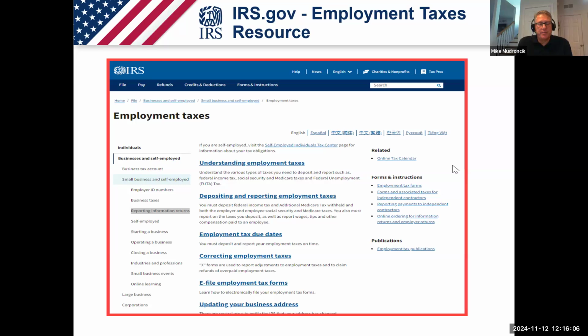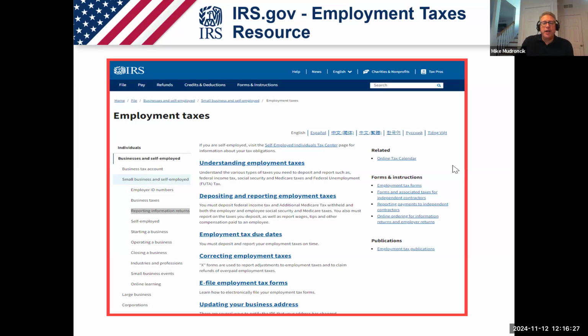We've mentioned superficially over the first few slides that if you're an employer, you're depositing these taxes that you're withholding with the IRS, but you're also reporting the numbers on employment tax returns.